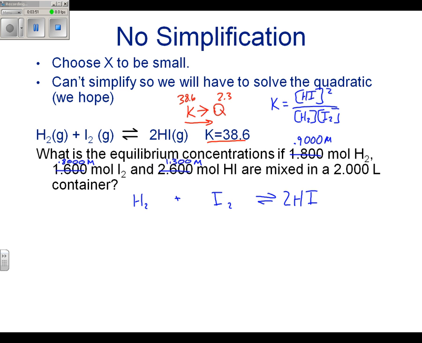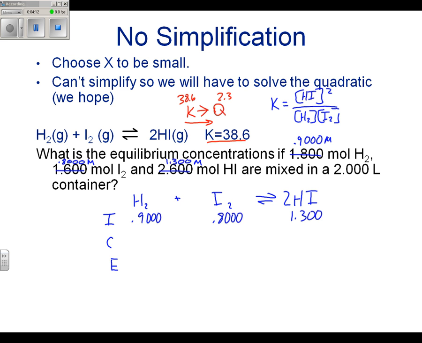All right. ICE. So 0.9000, 0.8000, and this one is 1.300. Now, I'm going to be making more product, so the change is going to happen here.